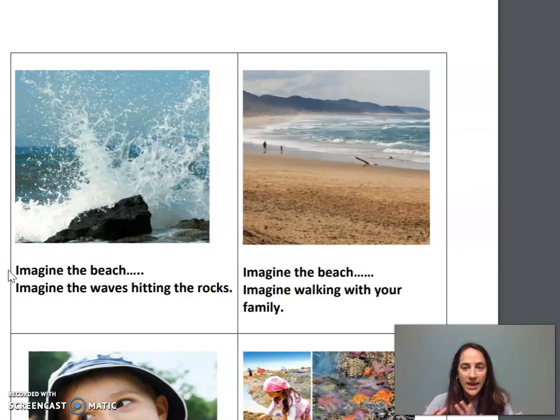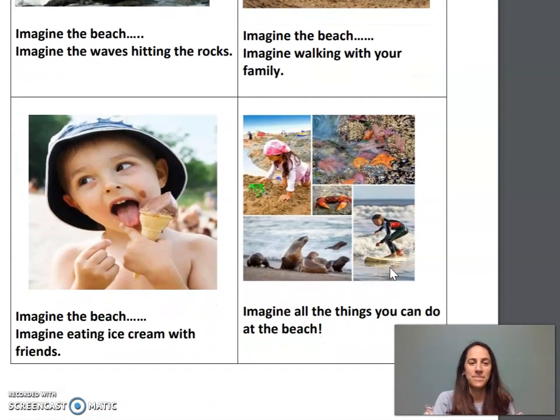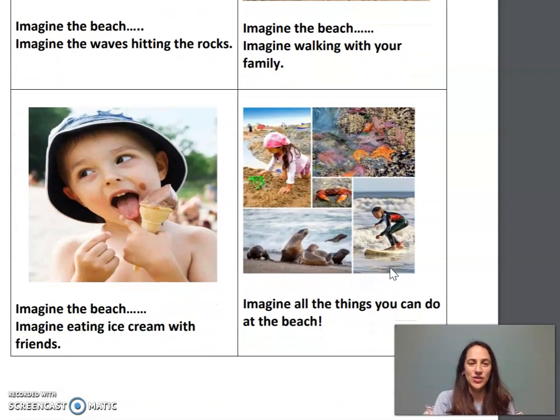Imagine the waves hitting the rocks. Wow. Imagine the beach. Imagine walking with your family. Imagine the beach. Imagine eating ice cream with friends. Imagine all the things you can do at the beach.